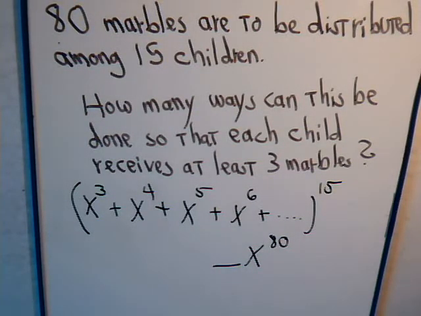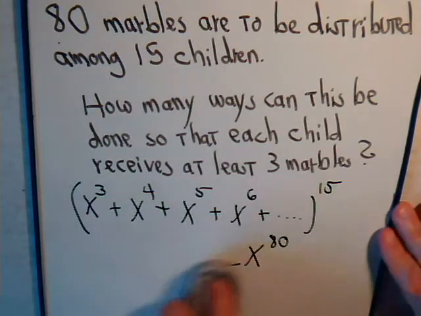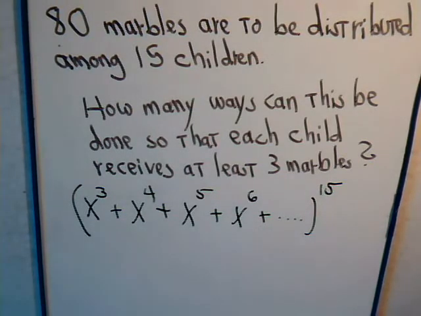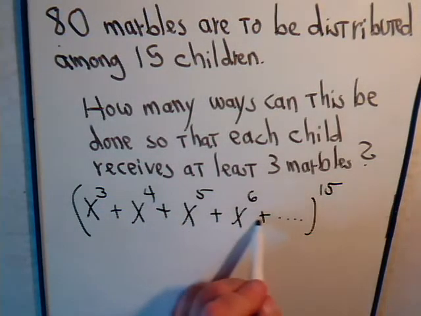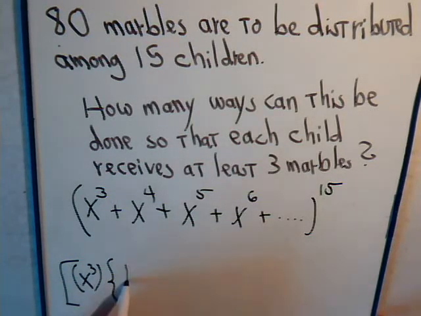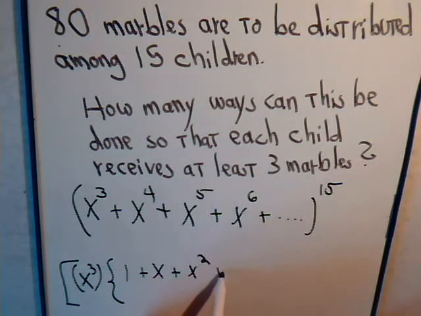So let's look at the problem here. Now, notice that from this expression right here, we can factor out x cubed. So we're going to have x cubed times 1 plus x squared plus x cubed, and it'll keep on going like that.